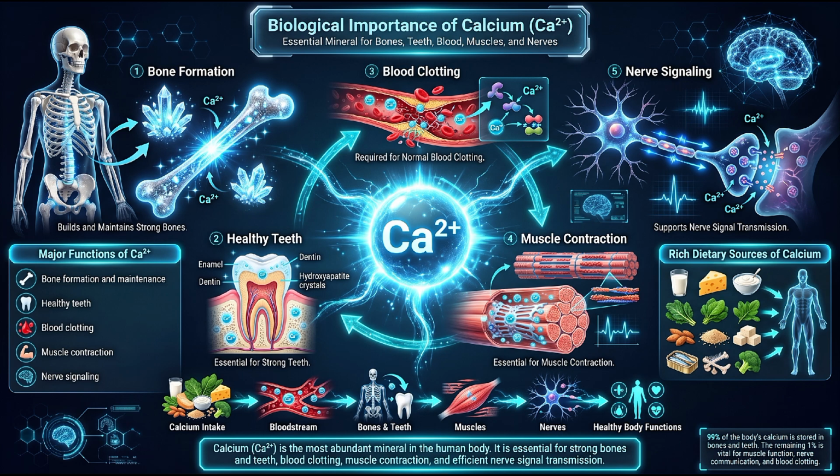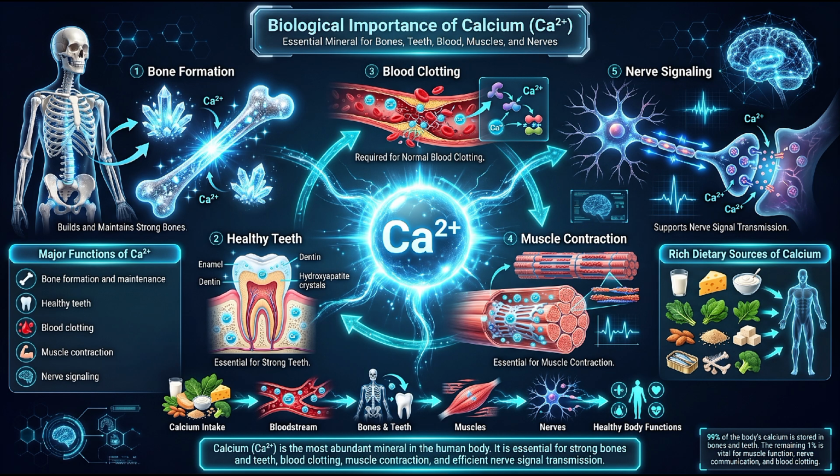Calcium is one of the most abundant and biologically important s-block elements in the human body. Although metallic calcium is highly reactive and never exists in its free metallic form inside living organisms, it is present as the calcium ion, Ca²⁺, which performs numerous essential physiological functions.